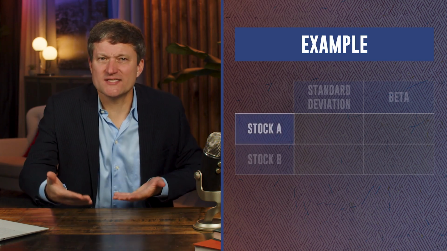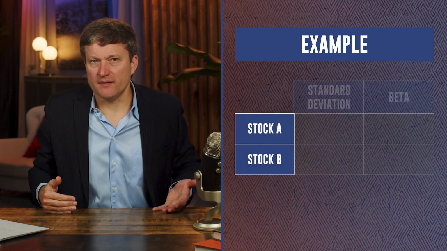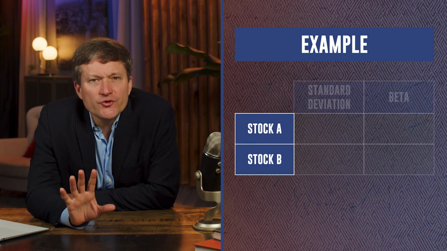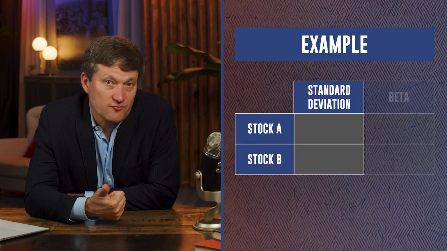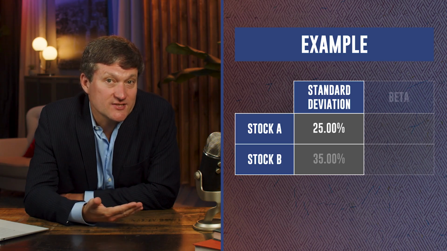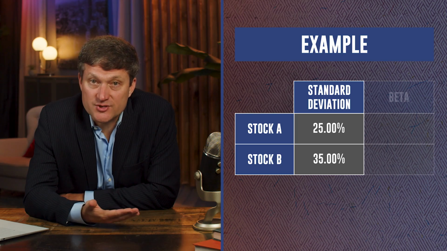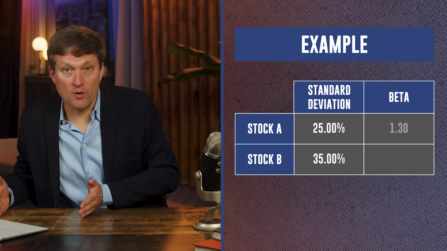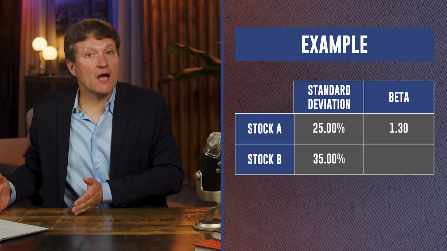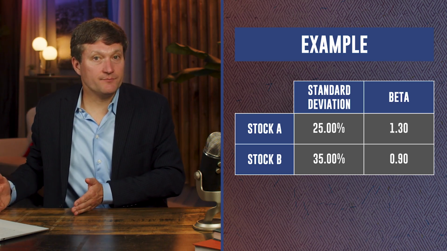We're just going to call this stock A and stock B. And what we have here are two different measures of risk. We have standard deviation. For stock A, it's 25%. For stock B, the standard deviation is 35%. And then we have our beta. The beta for stock A is 1.3. The beta for stock B is 0.9.